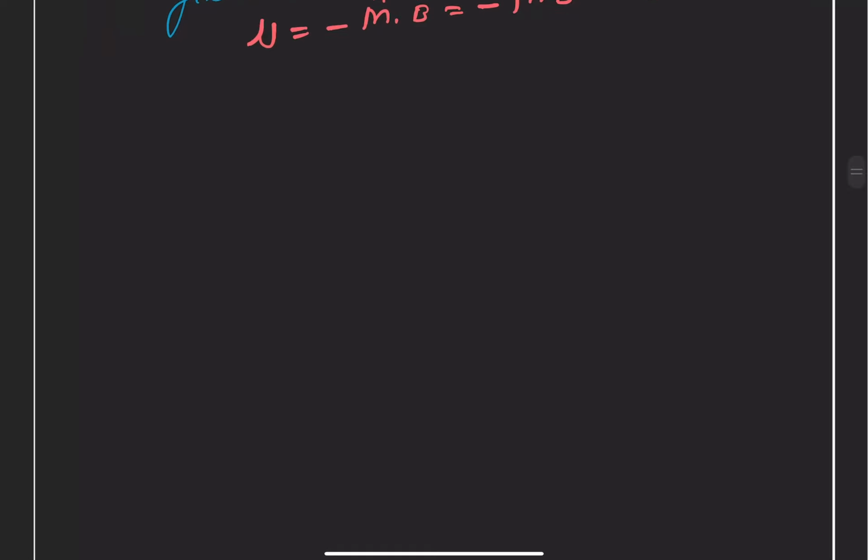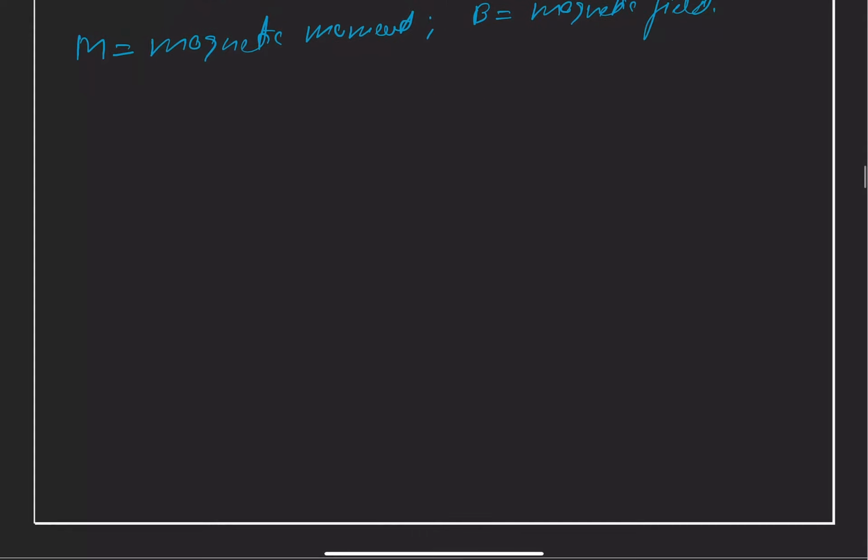Here m is the magnetic moment, B is the magnetic field, and theta is the angle between the two.